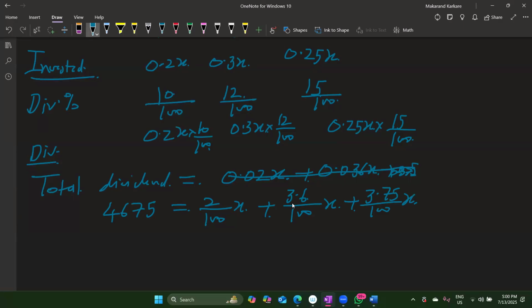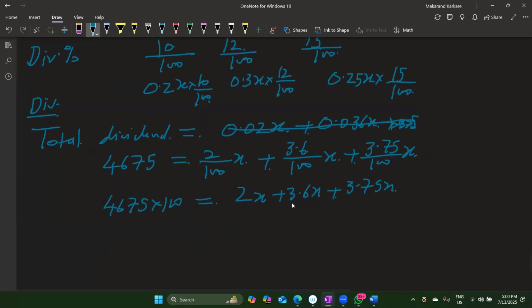So can I multiply both sides by 100? And if I do that, I get 4675 into 100 is equal to 2x plus 3.6x plus 3.75x, which is going to be 9.35x.